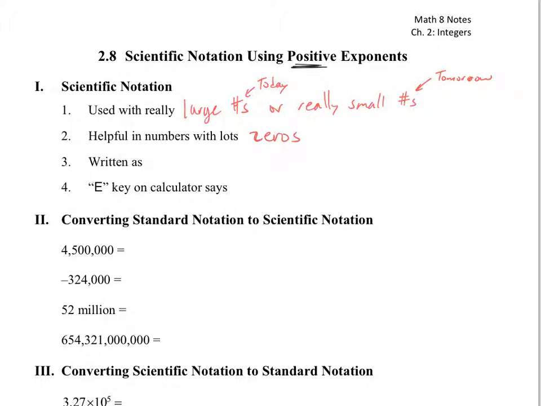It's always written as a single number, then the decimal point, and then another number, or there might be multiple numbers after the decimal, times 10 to a number, a power. And your power is the number of jumps for the decimal. And that'll make sense when we do it.